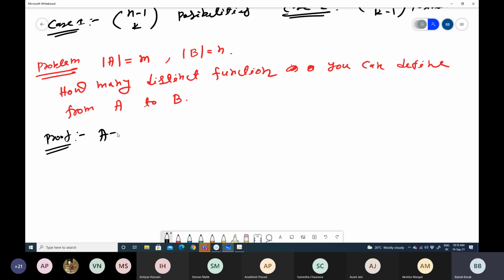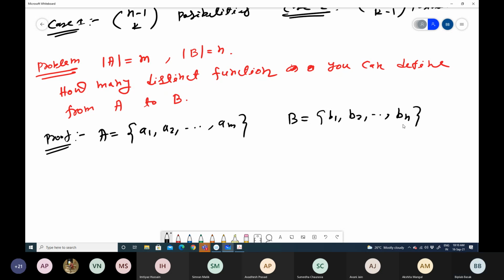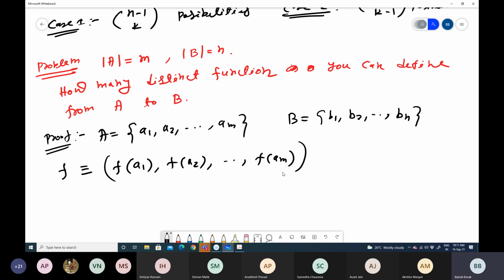Now if we choose A equal to a1, a2 up to am, and B equal to b1, b2 up to bn, what do we mean by a function? That means f is equivalent to f of a1, f of a2, up to f of am. Why is f equivalent to that?